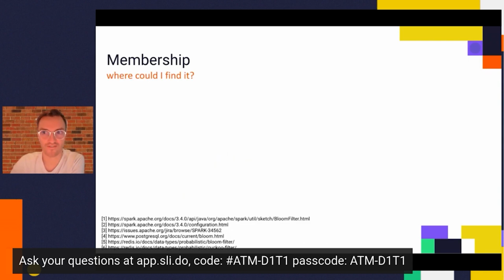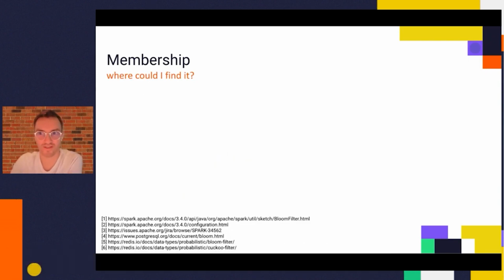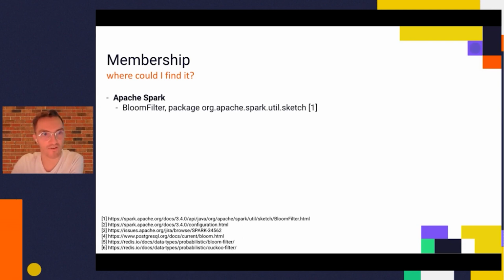So where could I find those membership functions in a JVM? Because that's what interests us. We know the theory, but for sure we do not want to implement it from scratch. Let's take a look at Apache Spark. We have a Bloom filter in Apache Spark, which you receive for free. And there is a very nice feature: from Spark 3.0, Bloom filter is used out of the box in join optimization.